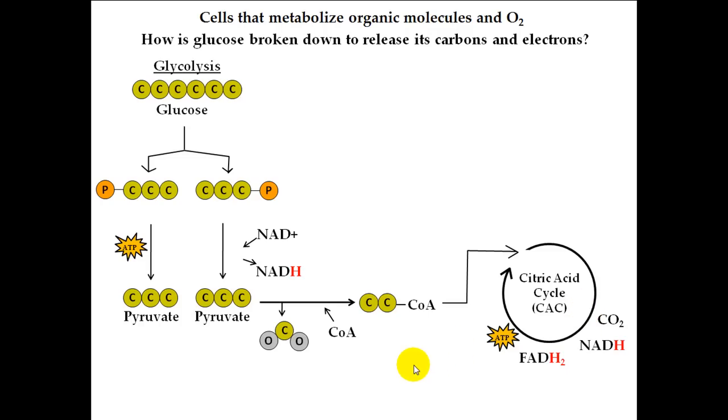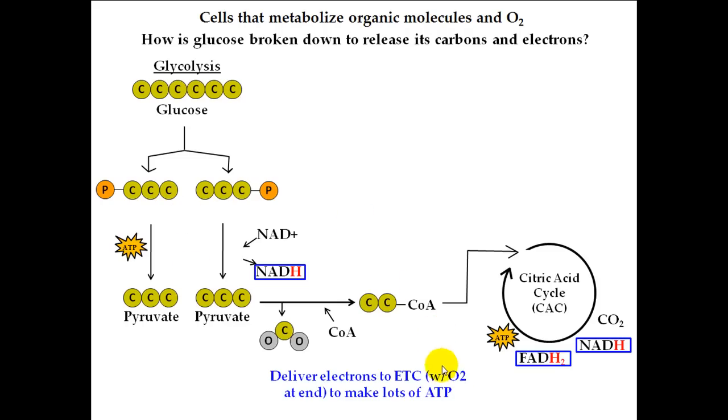Also being generated are molecules like NADH and FADH2, and they're valuable because these contain the high energy electron that will be used to make ATP when it's delivered to the electron transport chain. So all kinds of really valuable things are being generated here.